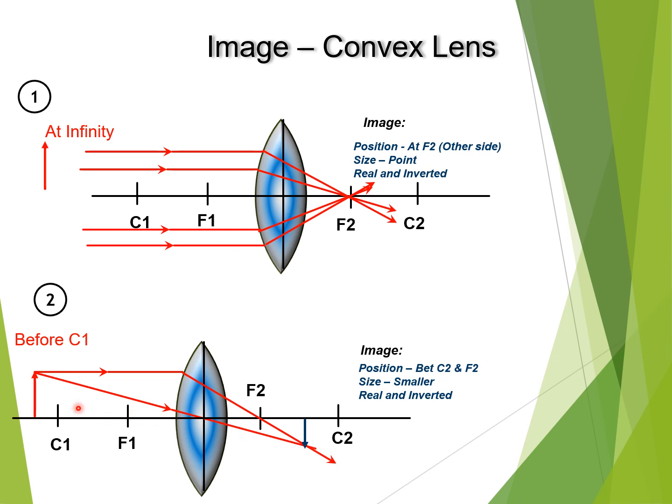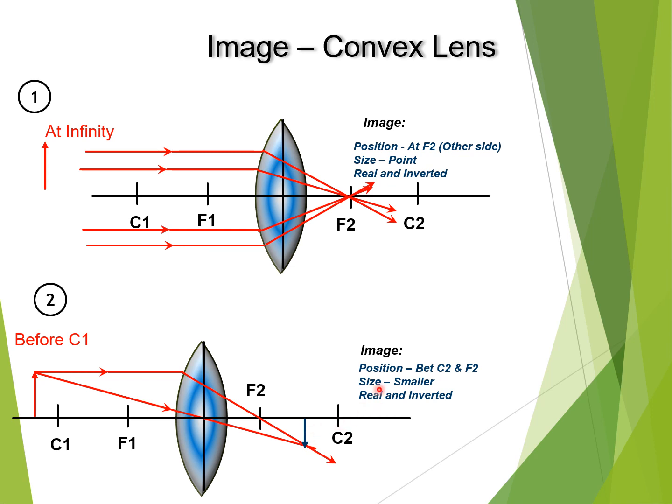So in the second stage, when the object is placed between infinity and the lens, of course before the center of curvature, in this case the rays shall be meeting between the focus point and the center of curvature on the other side. You can see it here.